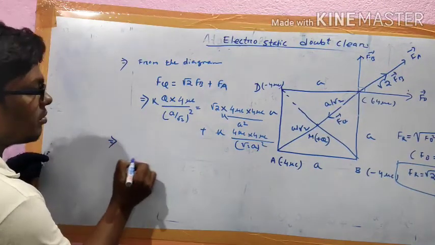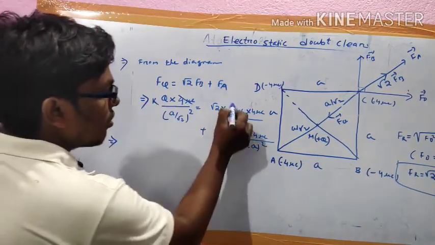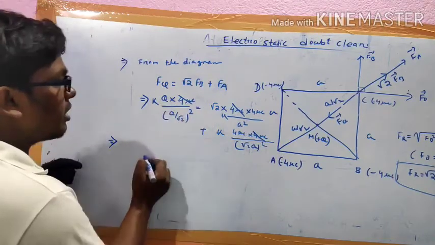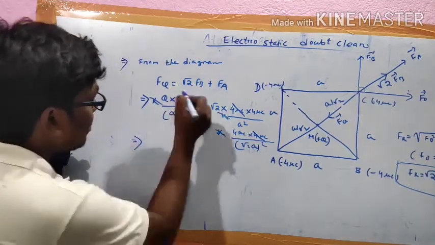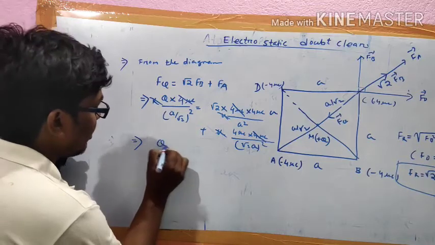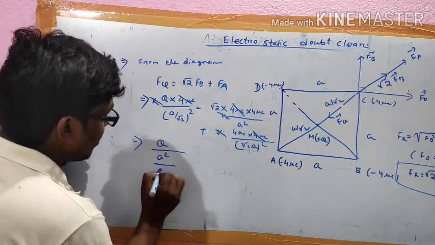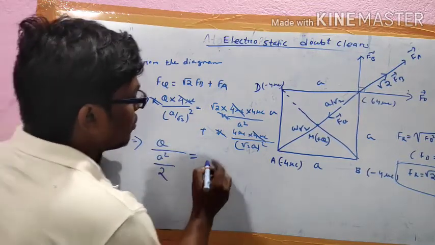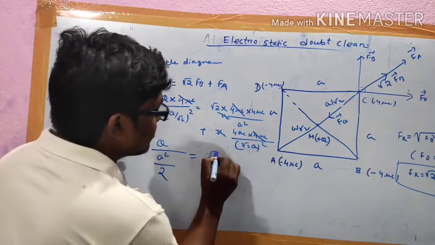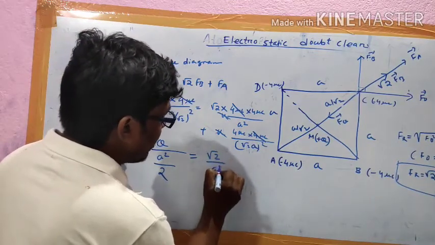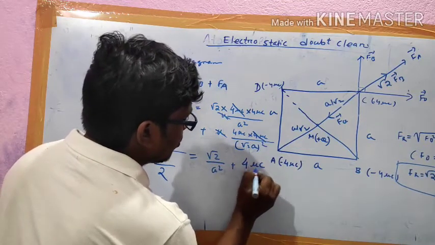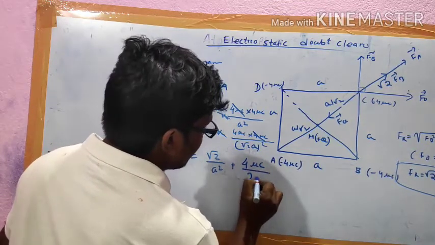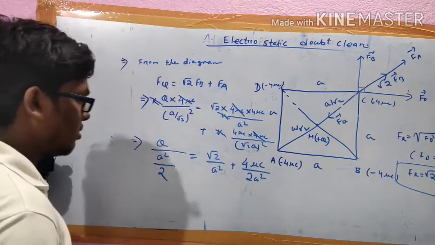So this 4 cancels both sides, k cancels. What we got here, q by a square by 2 is equal to root 2 by a square plus 4 microcoulomb by 2a square.